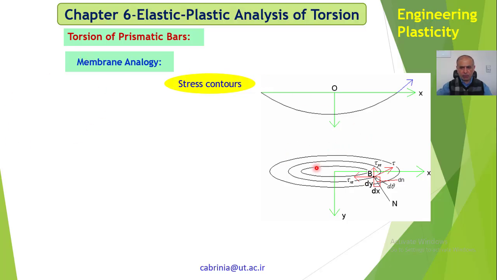Before starting to solve a problem, let's have a look at these stress contours. I said that this tau xz and tau yz are equivalent to the slope of this membrane. Now, if this is the membrane and we look at it from the top, we can have contours like that, and there, contours like that, looking at it from the top. And each contour has a constant slope.